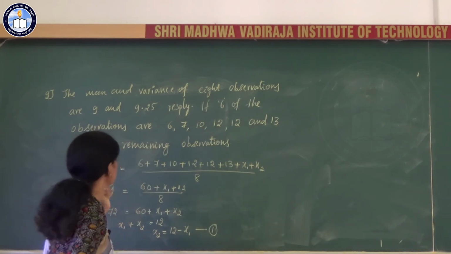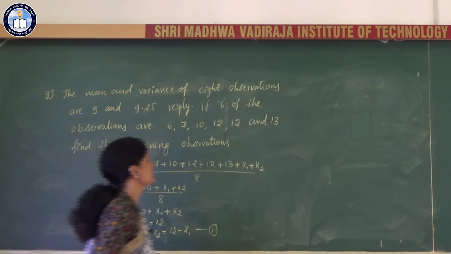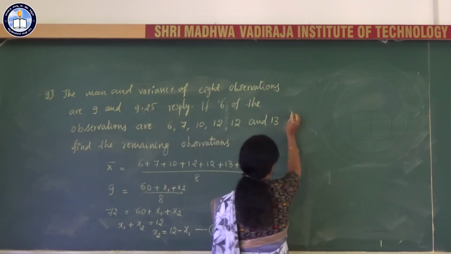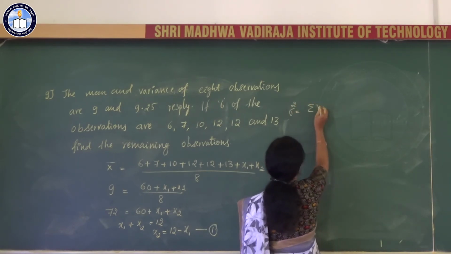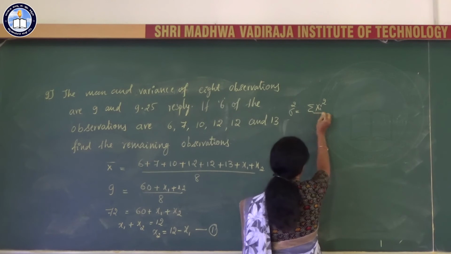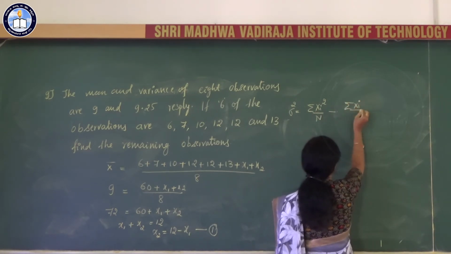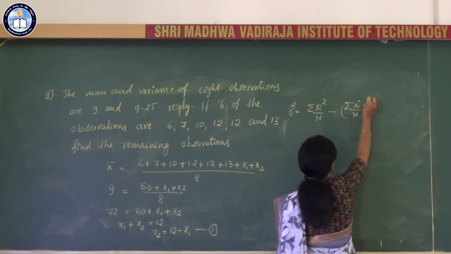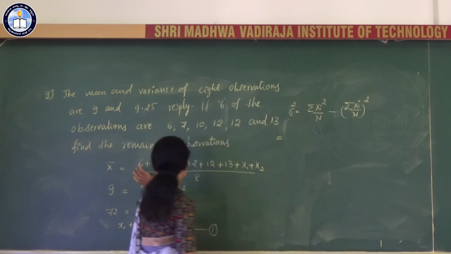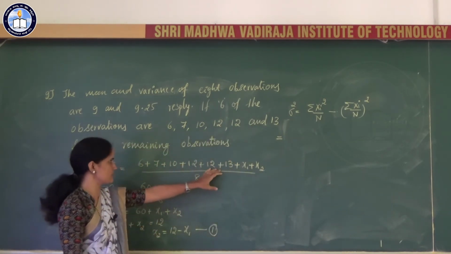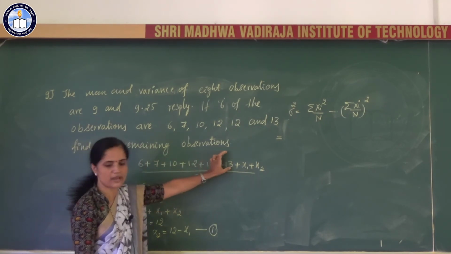Then I will go for the variance. Variance is given, is it not? The mean and variance are given. So the variance we must calculate by using the formula. Variance is equal to sigma xi square divided by n minus sigma xi divided by n, whole square. Here sigma xi square means you must square all these numbers and add them: 6 square, 7 square, 10 square, 12 square, 12 square and 13 square.